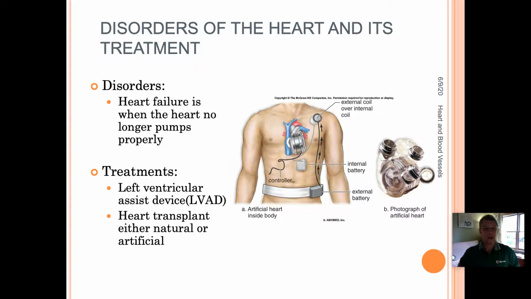And these simply push blood through the same way that a natural heart would do so. The only difference is that these are generally more like pool pumps, right? The water filtering, running through the filter of a pool, as opposed to a beating pump. And so the interesting thing about artificial hearts is that the folks who have them actually no longer have a pulse, all right, which is kind of a weird scenario, all right? But it beats the alternative.